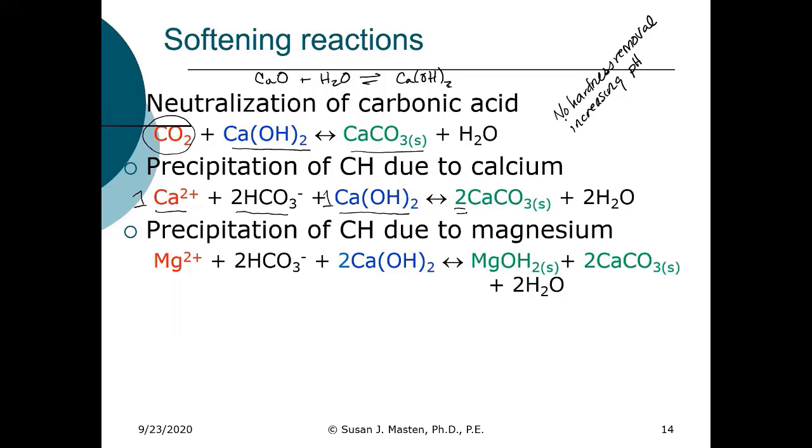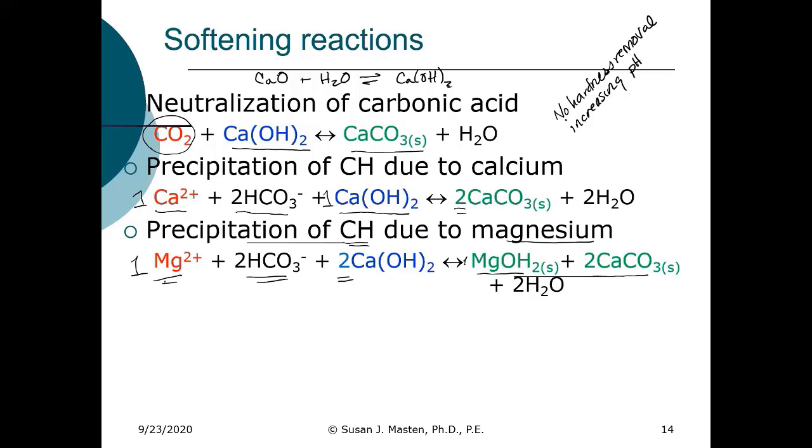The next reaction is the precipitation of carbonate hardness due to magnesium. So this is the magnesium that's associated with bicarbonate. For every 1 mole of magnesium, we need 2 moles of lime, and we will produce magnesium hydroxide and calcium carbonate.